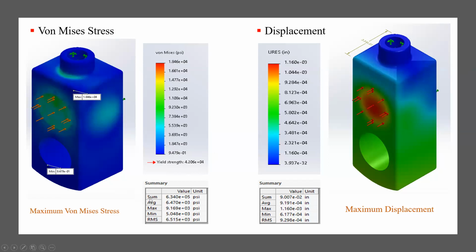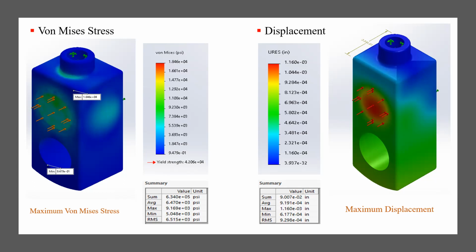The maximum von Mises stress is equal to 9,169 psi. The minimum von Mises stress is equal to 5,048 psi, and the average is equal to 6,470 psi. The blue color shows the minimum von Mises stress, and the red color shows the maximum von Mises stress.